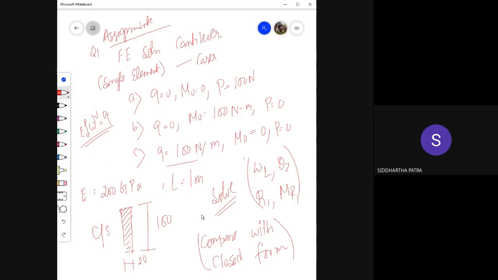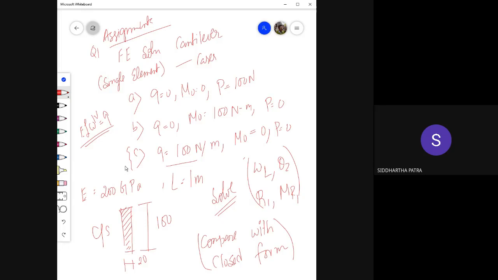I need you to appreciate the fact that in some cases you do get the exact solution, in some cases the approximate solution, and to comment on how much the approximation is when you have a distributed load. Is it really off, extremely different, or is it somewhat close? I need you to comment on that.